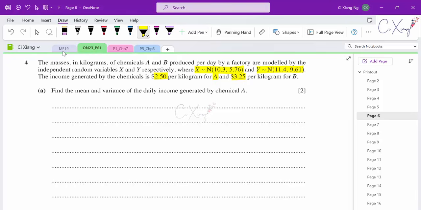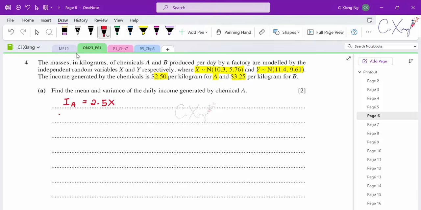Okay, so first they want us to find the mean and also the variance of the daily income generated by chemical A. So maybe I put it as income by chemical A. To calculate the income, we know it is 2.5 per kilogram in A, so it should be 2.5 multiplied with X. You have to know the mass of the chemical A, then multiply with 2.5 because 1 kilogram should be 2.5.